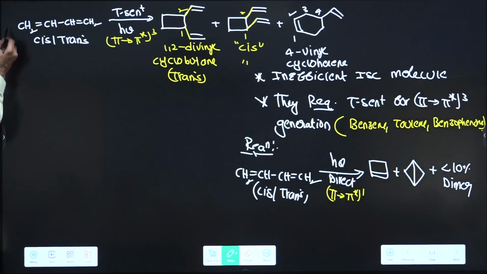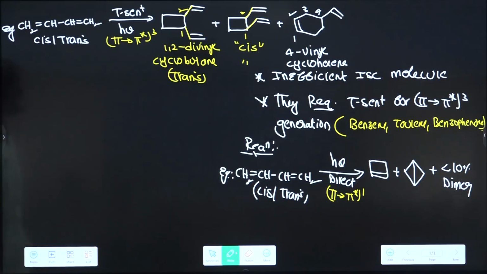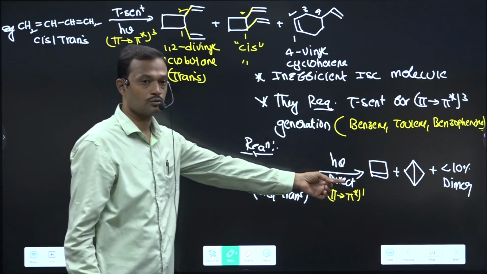Two reactions we are learning now: singlet reaction and one more is triplet reaction. With singlet you will get normal single molecule interconversion.